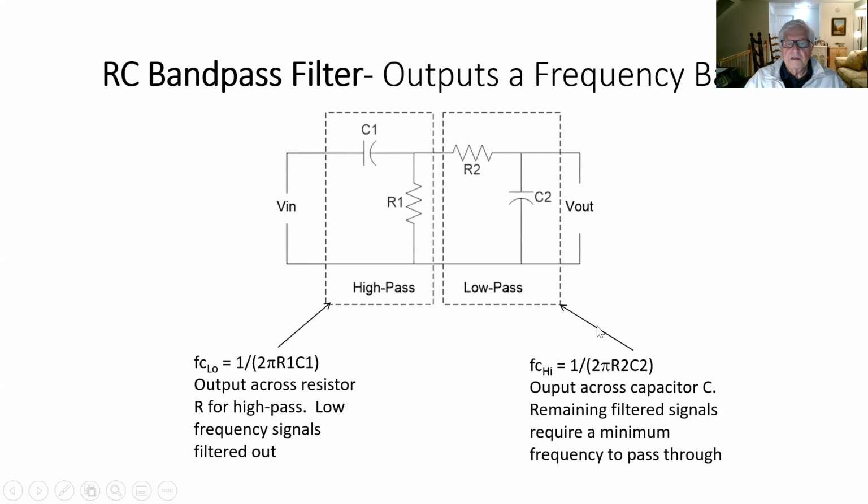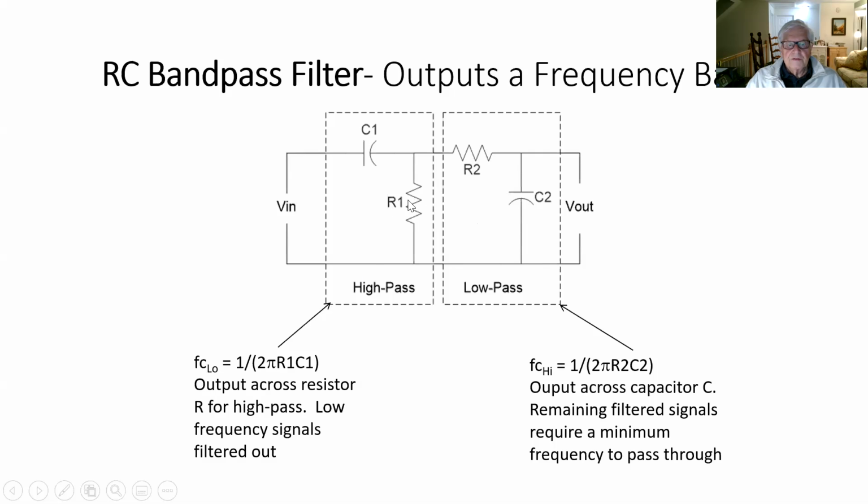What that looks like is just as we see here: we've got our voltage in, pass it through a high pass filter, so it gives us a range of high frequencies. And out of that range, then we cut off the higher frequency ones that we don't want.